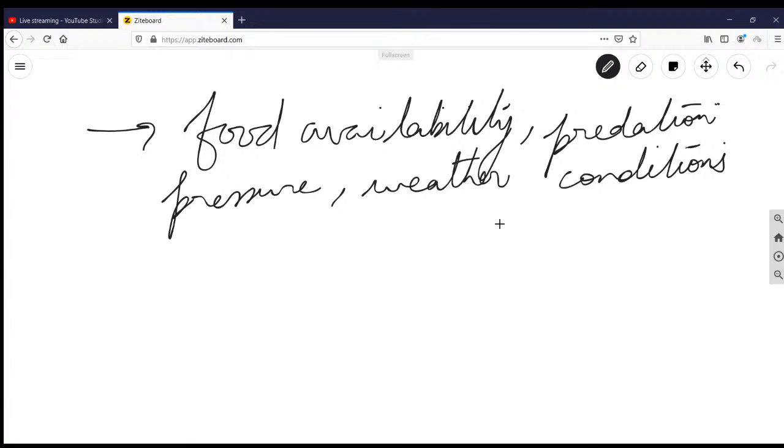According to the 2001 census, the human population of India was 1027 million, but it was 1210 million in the 2011 census after 10 years. So it showed a growth of almost 183 million. So it keeps on fluctuating.